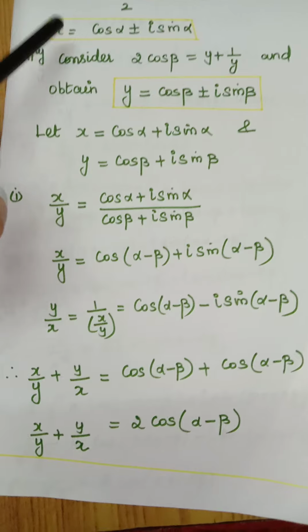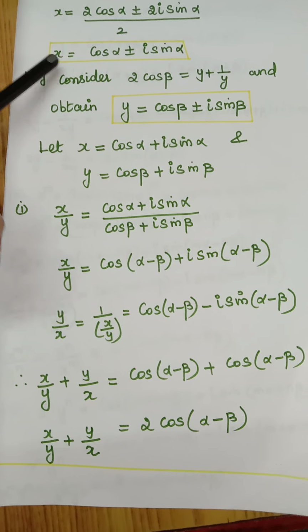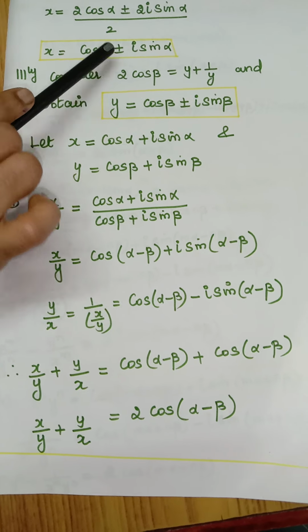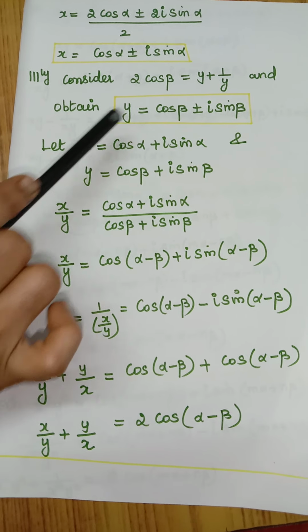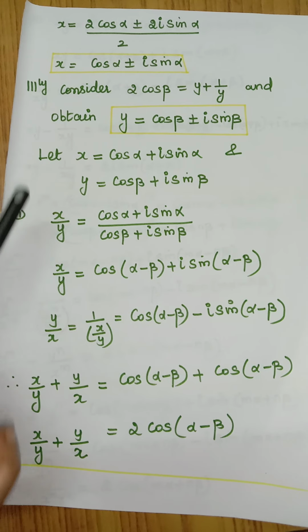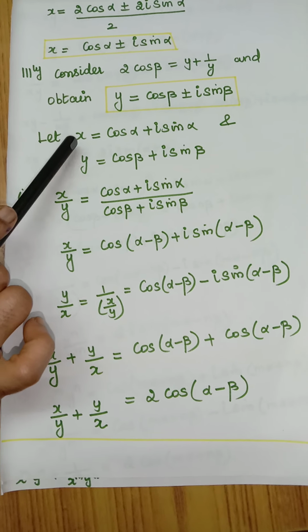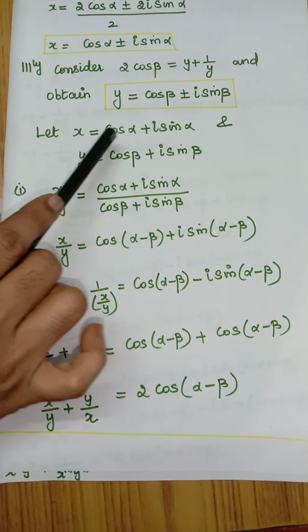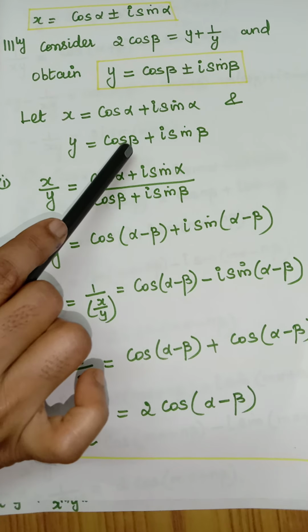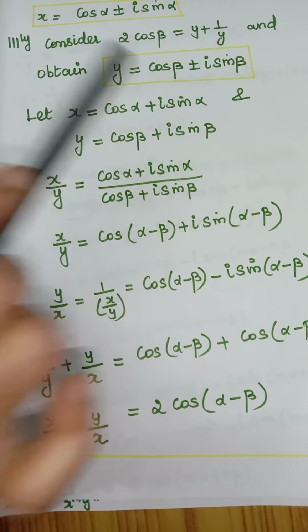So from the quadratic equation, you are getting x and y terms. Here there are 2 x values and 2 y values. So here I am going to consider the positive terms alone. We can do using negative also. So I will consider the positive term. So x is equal to cos alpha plus i sin alpha and y is equal to cos beta plus i sin beta.